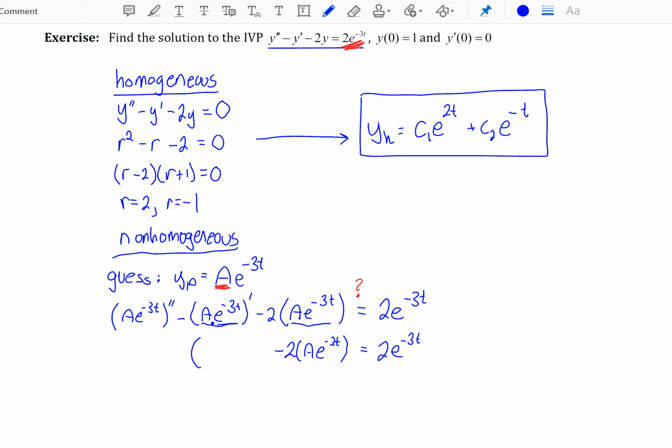Because of how we take derivatives of exponentials, the derivative of a e to the negative 3t is going to be negative 3a e to the negative 3t. And if that's your first derivative, then your second derivative is just the derivative of that. And that should be positive 9a e to the negative 3t.